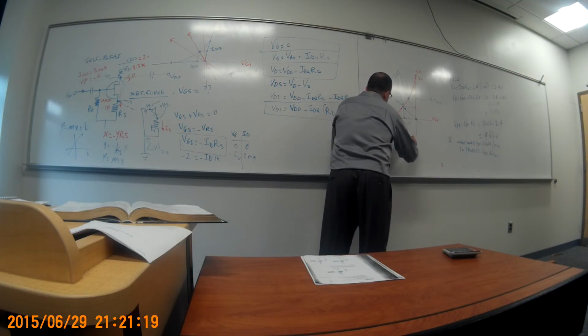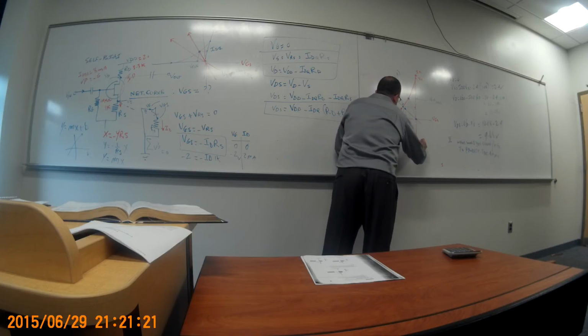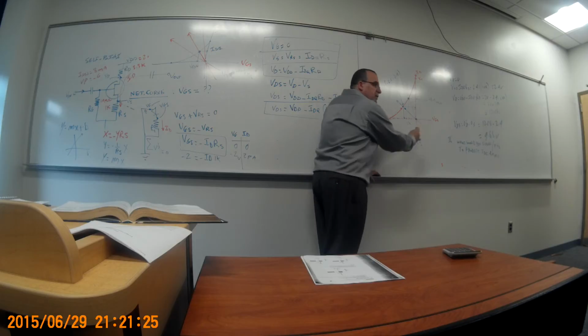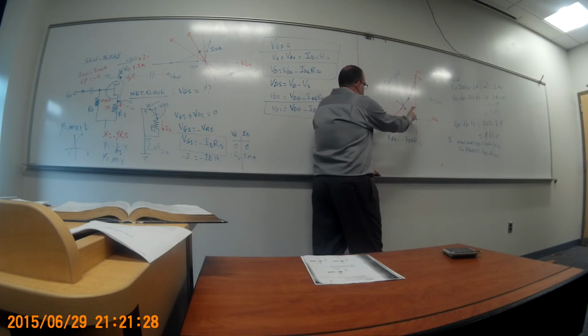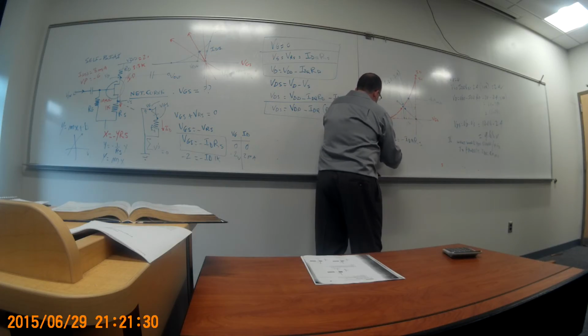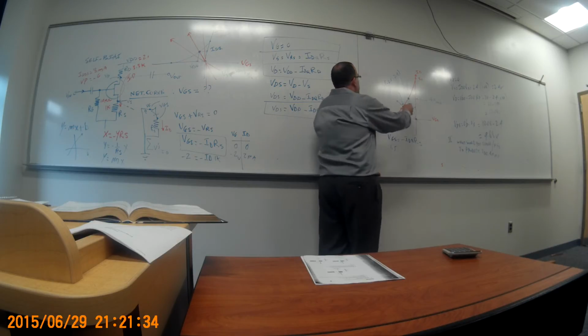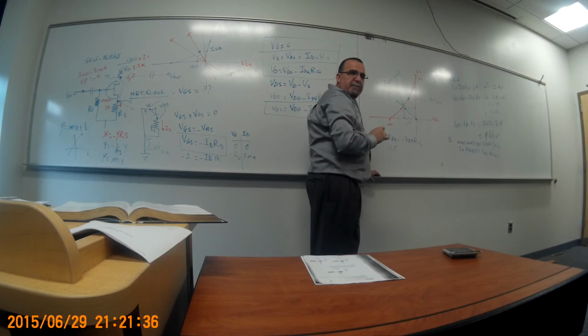VGS equals minus IDQ RS, right? IDQ RS. From the graph, I'm coming up with 1.5 for that particular 4 milliamp.